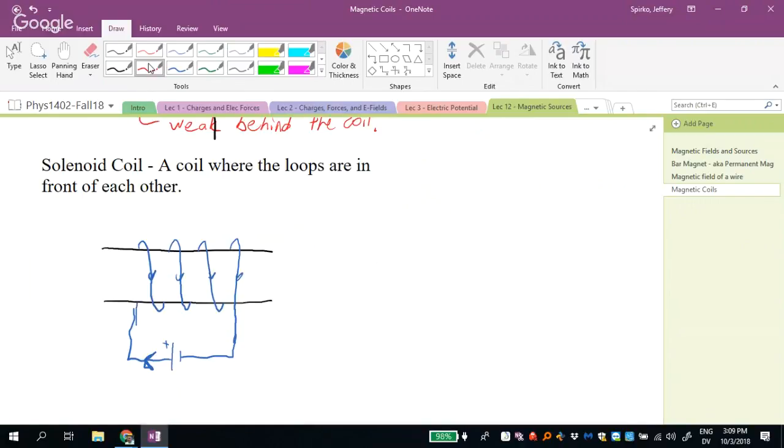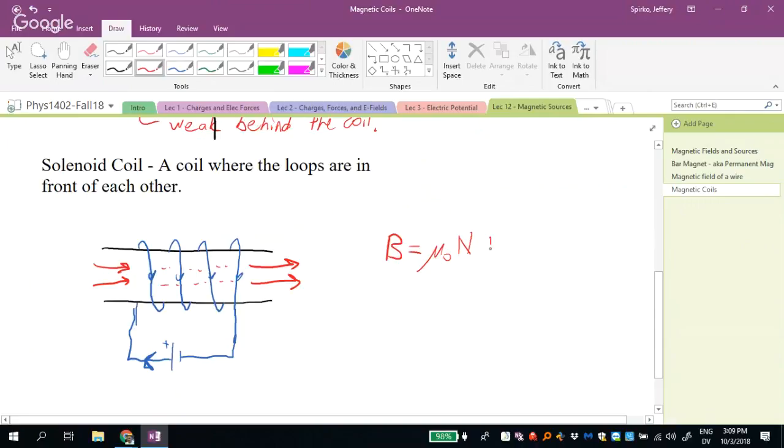And therefore, the magnetism points towards the right inside the coil. And the nice thing about a solenoid is it produces a very uniform magnetic field. Its B is equal to mu naught n I over L.